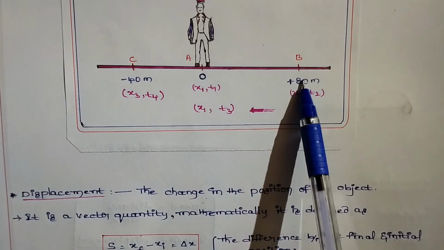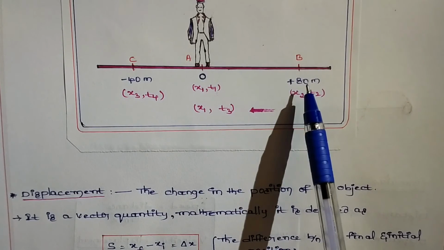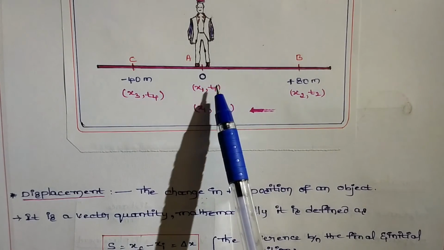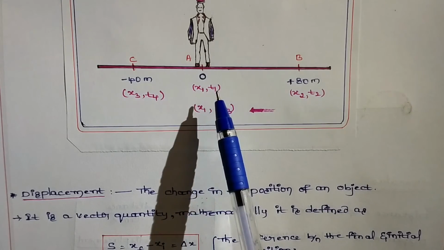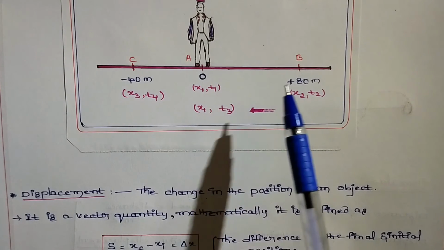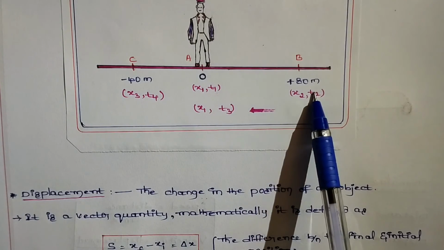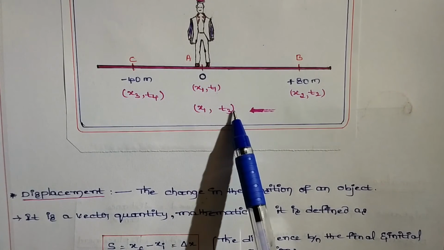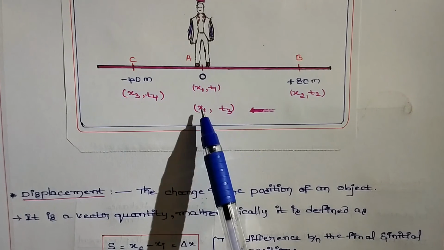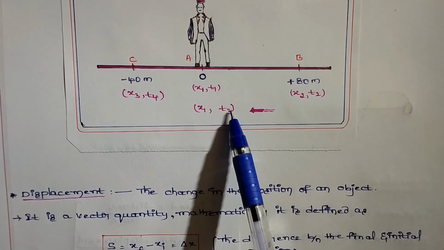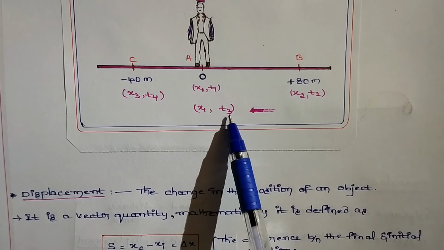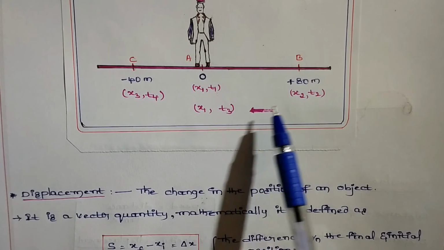Now he starts from B, that is why here we take this as the initial position, and this will become the final position. Here from B to A, the change in time is T3. The position won't change here, but the time will change, that is it will become T3.